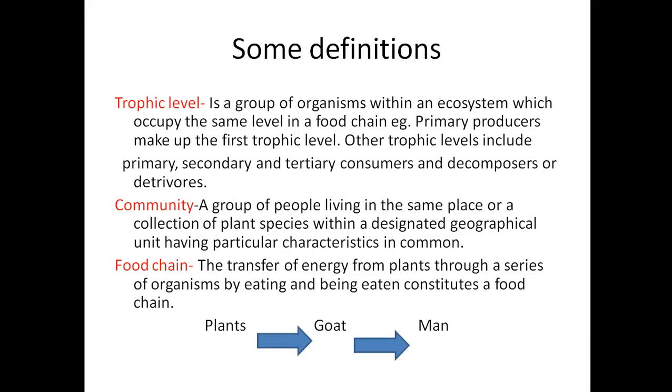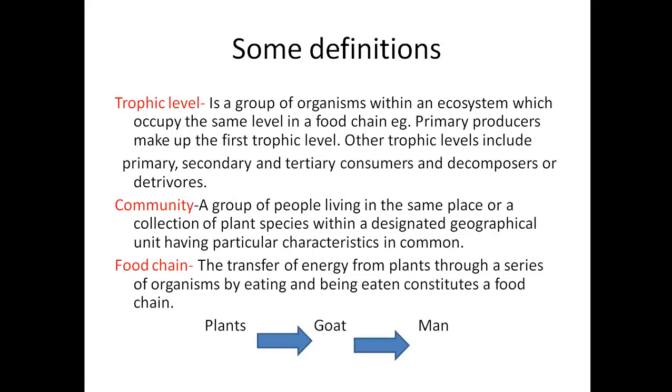And if you take the example of plants, you can say a community or a collection of plant species within a designated geographical unit having particular characteristics in common. So it could be plant species also present in a particular geographical unit or space.